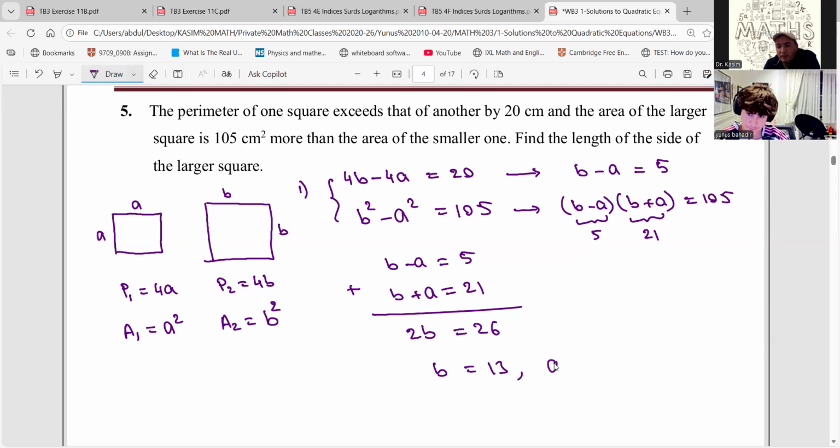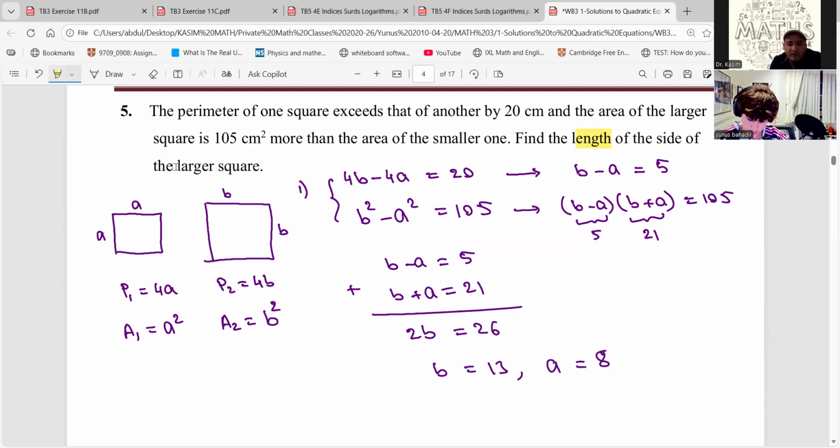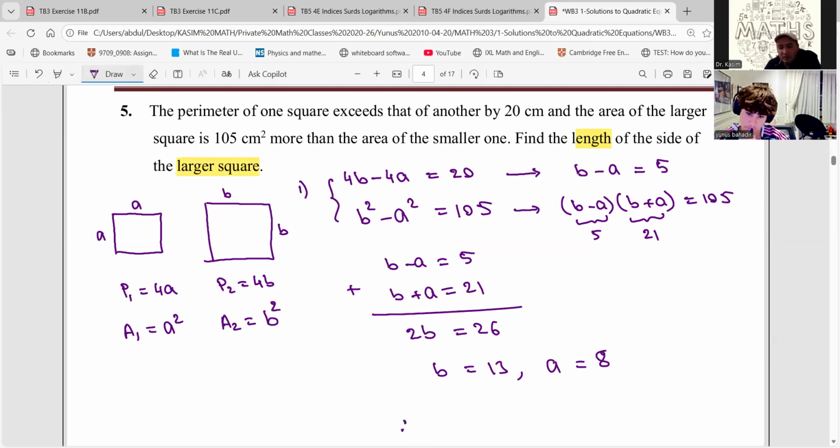If B is equal to 13, what is A? 8. But what is the question here? Find the length of the side of the larger square. So the length of the larger square is equal to 13 centimeters.